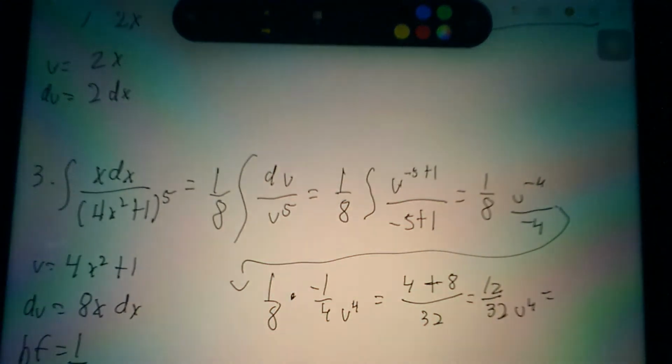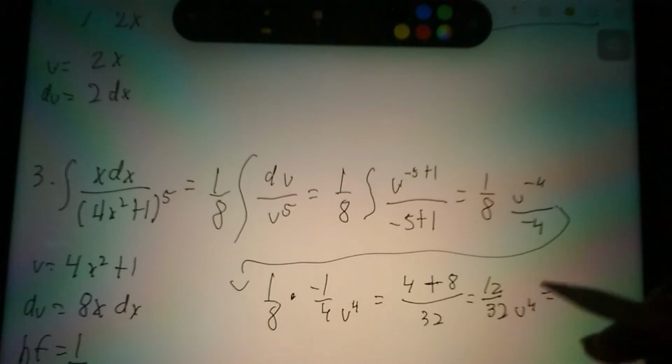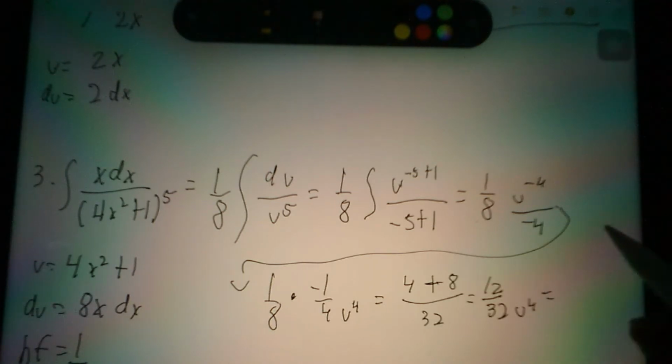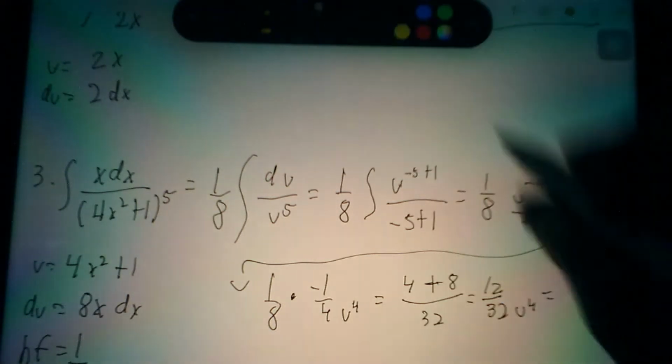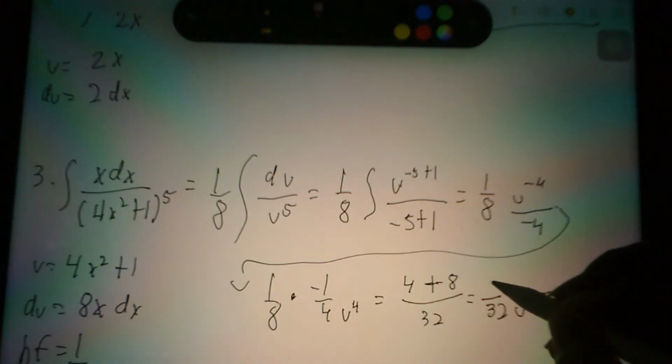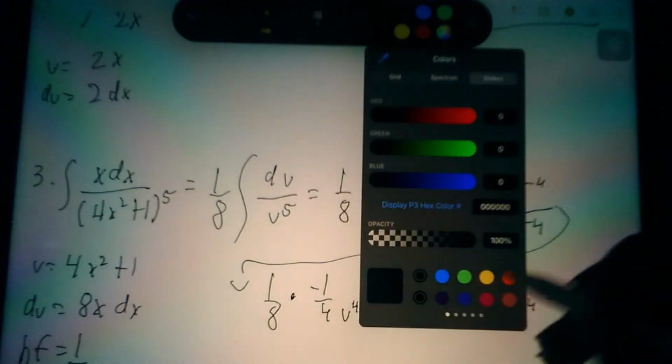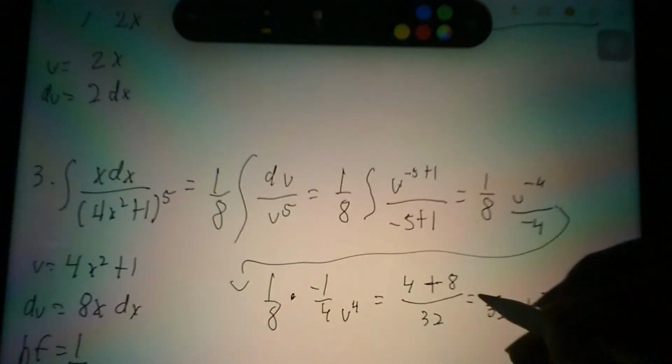You cannot see that, but 1/8 times negative 1/4 is equal to negative 1 over 32.